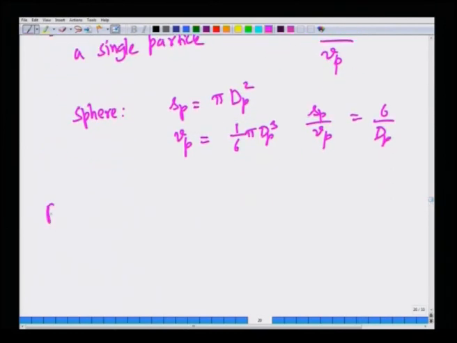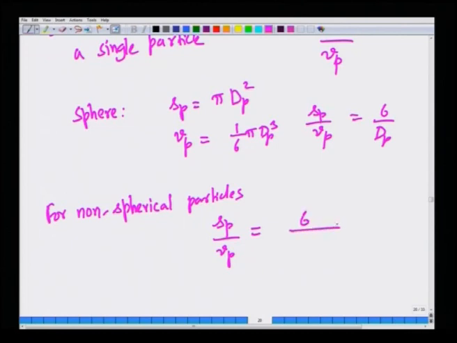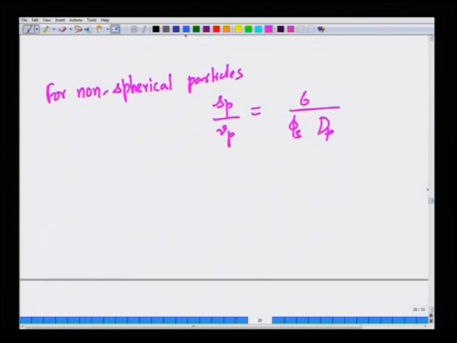Okay. For non-spherical particles, because typically we will definitely have only non-spherical particles in practical applications, Sp by Vp is written as 6 by phi s dp, where phi s is called the sphericity. So, it tells you about deviation from a spherical shape.